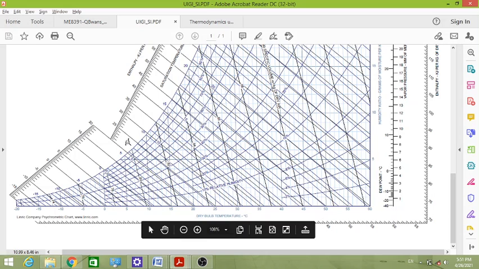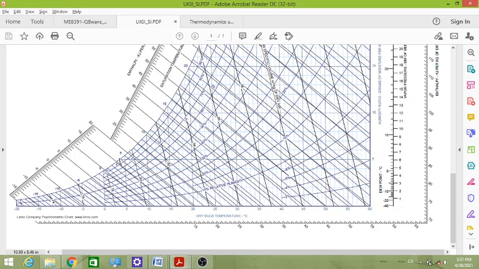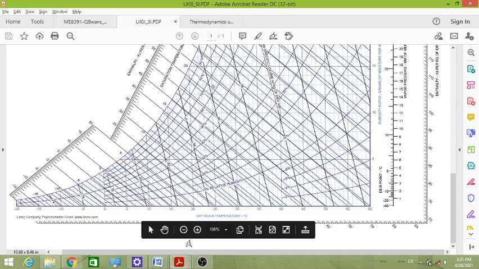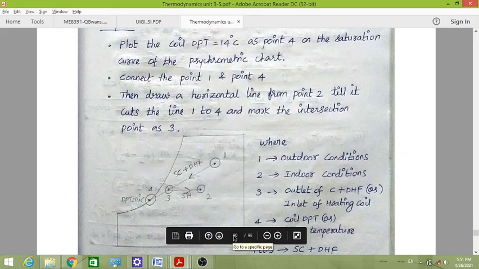This is actually the dew point temperature value. So here the 14 lies between 10 and 15. So this is the line, and here it was plotted. You can see it again in the model diagram. You have to connect that 1 to 4 with a straight line, which may be an inclined line.